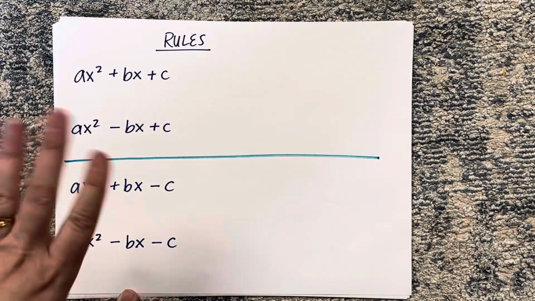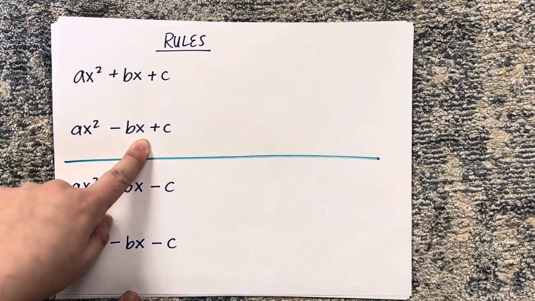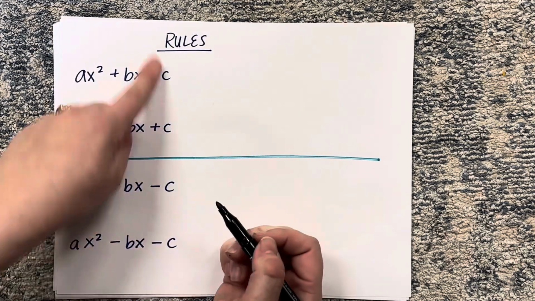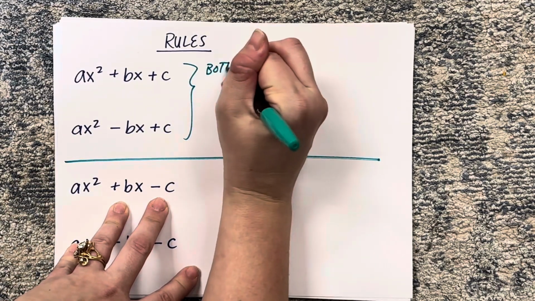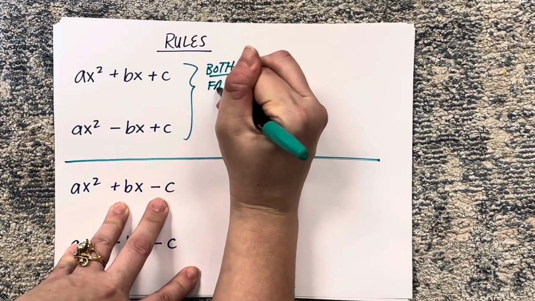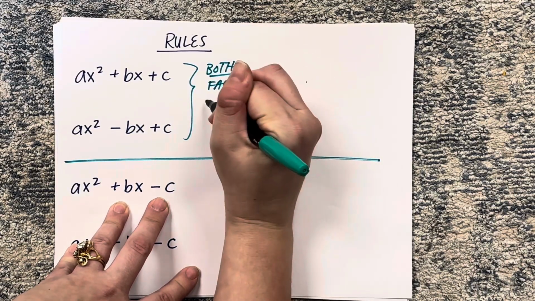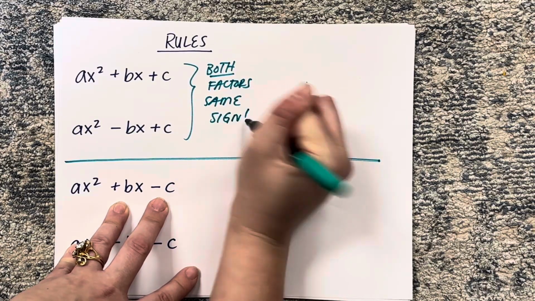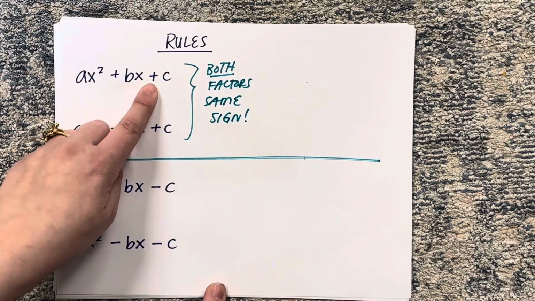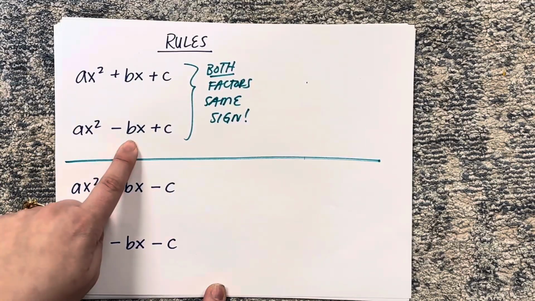That's all you need to know. Because if it has a positive c, positive constant, then that means both factors will have the same sign. Okay, so it'll be a positive positive or a negative negative.